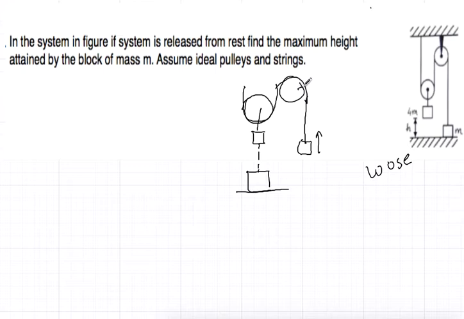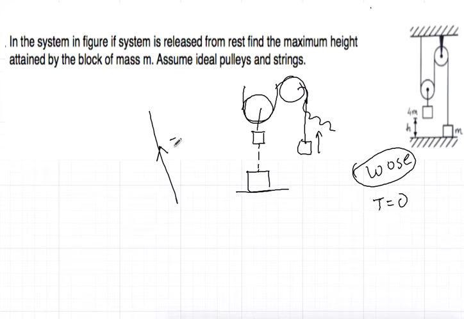So this thread will eventually be loose, right? The moment it is loose, the tension will be equal to 0, because we know in a thread, if the thread is tight, there will be a tension. If the thread is loose, the tension will be 0. Please remember this. We will come back to this concept.